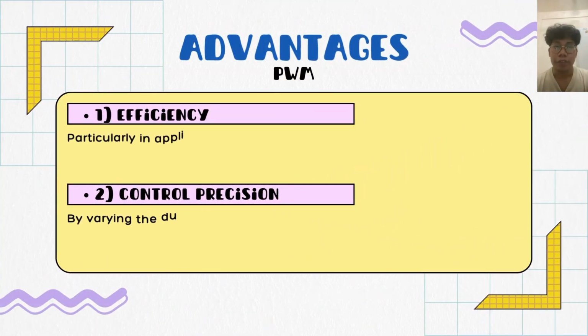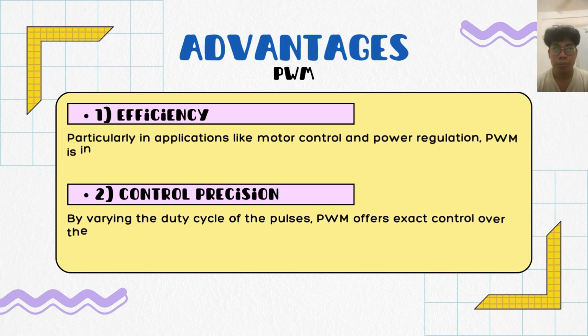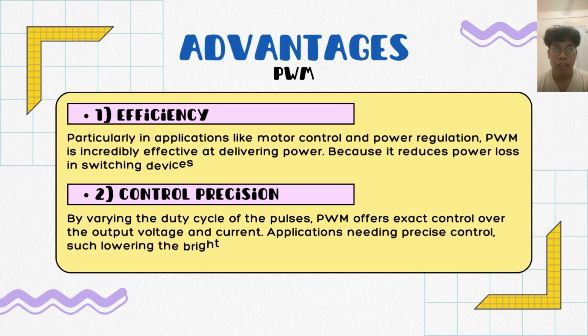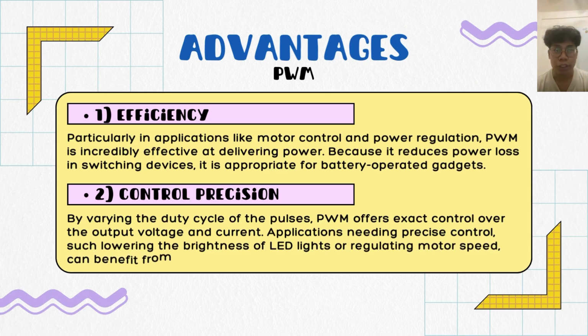Next is the advantages of pulse width modulation, or PWM. PWM has high efficiency at delivering power, particularly in applications like motor control and power regulation. This is because PWM can reduce power loss in switching devices and is appropriate for battery-operated gadgets.